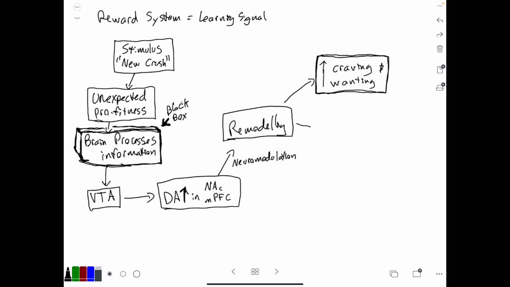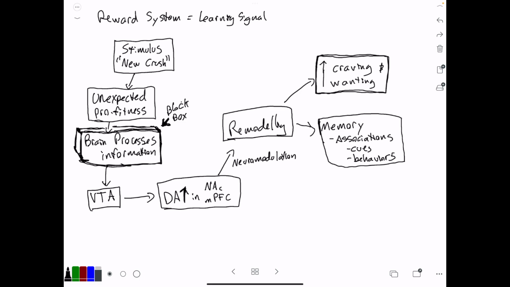It also facilitates and increases developing the memory, or specifically here, I should draw this like a subcategory, the associations, including the cues and the behaviors around this stimulus, that preceded the stimulus, that led to this stimulus.